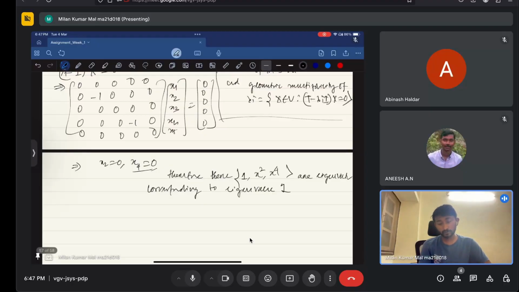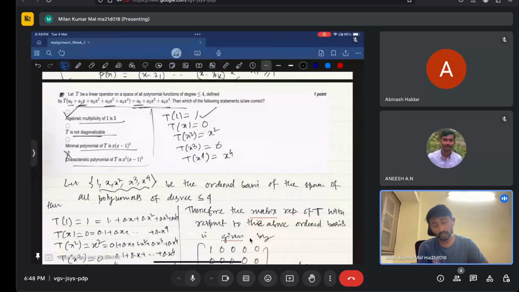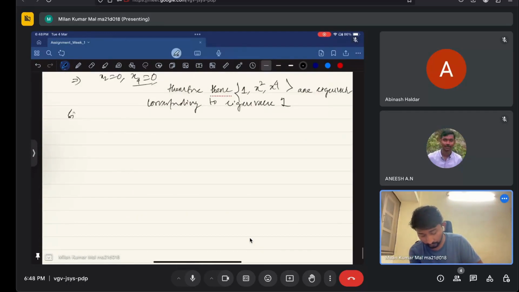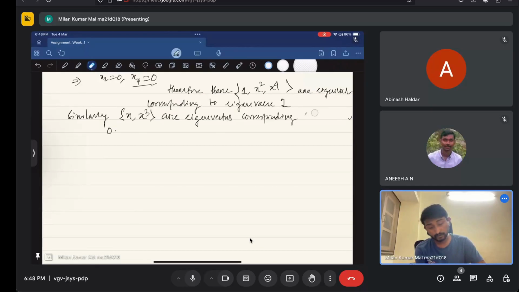One can look at this from here also: this is an eigenvector corresponding to eigenvalue 1, this is an eigenvector corresponding to the eigenvalue 1, and this is also, and similarly x and x cube will be eigenvectors corresponding to the eigenvalue 0. Similarly x and x cube are eigenvectors corresponding to eigenvalue 0.